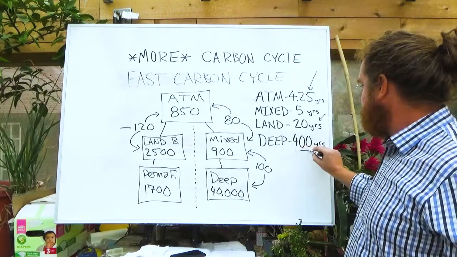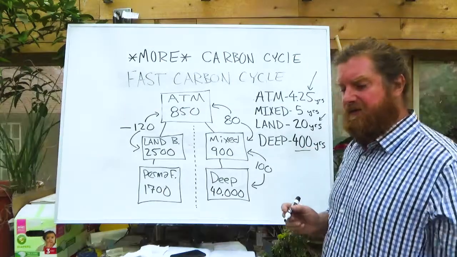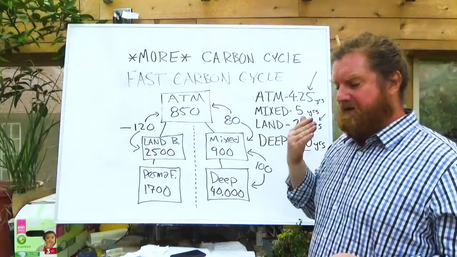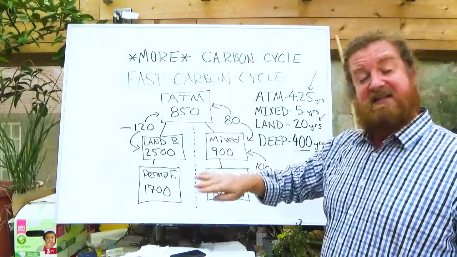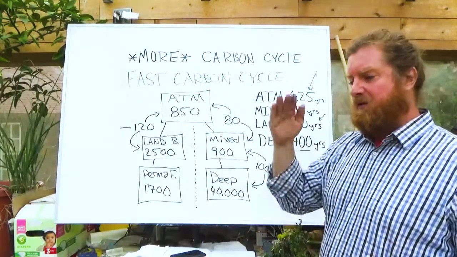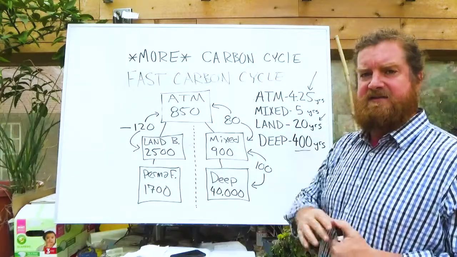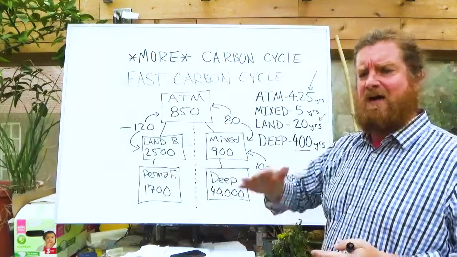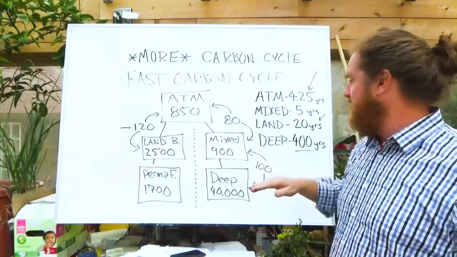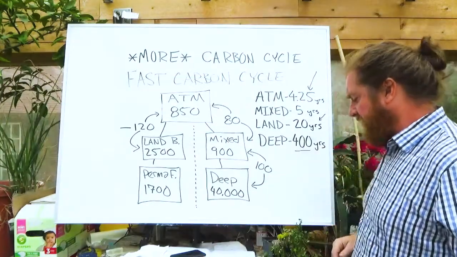And so its residence time is about 400 years. So a carbon molecule that ends up in the deep ocean is going to take about 400 years to work its way essentially back into the mixed layer. And that largely has to do with ocean currents. They're not very fast. We've got downwelling and upwelling. So it takes quite a long time.